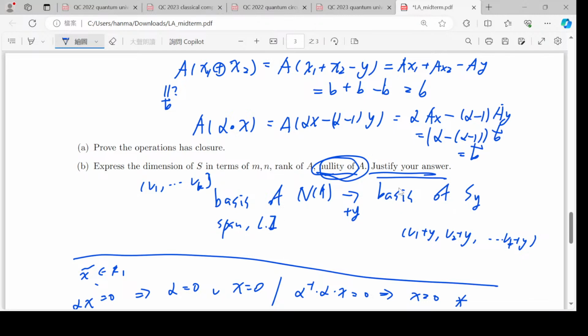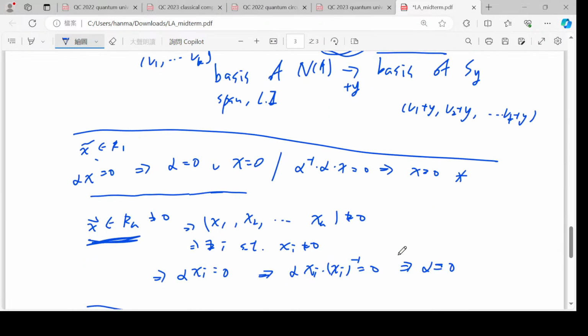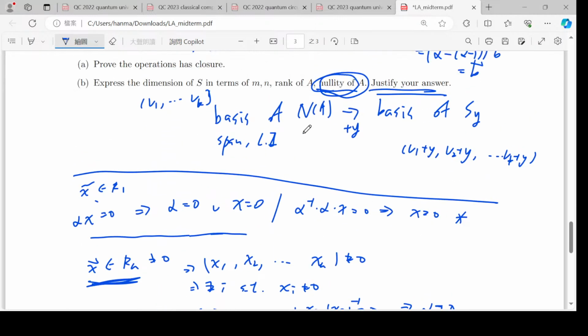Span is easy to show because it's easy to see S is this whole set. So this set spans S, and this set is linearly independent. And so you know S is k-dimensional because it has a k-vector basis.